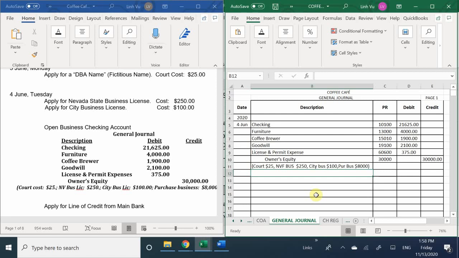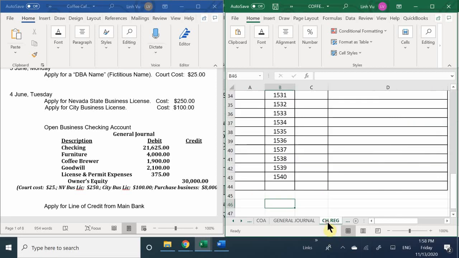Okay? What are the next steps that you have to do? How I'm going to show you is, my number one thing is, I'm at the bank right now. I need to make my deposit of $21,625 because I'm at my bank account right now. That's what I just did, and that's what this journal transaction is recording.